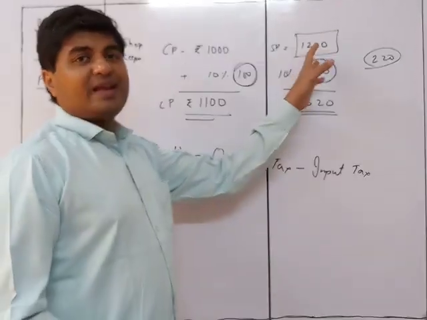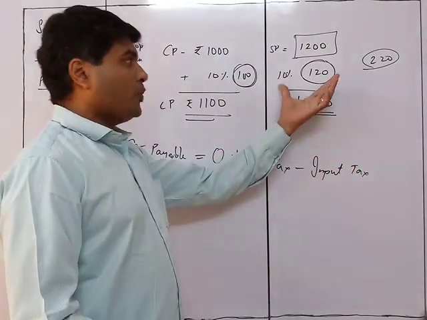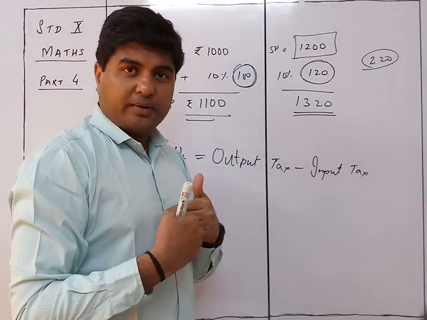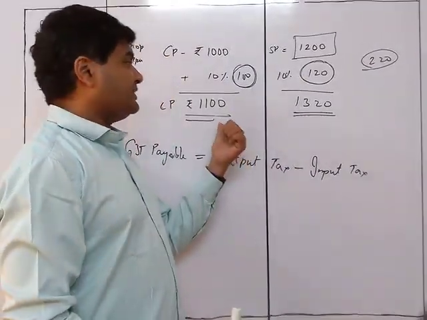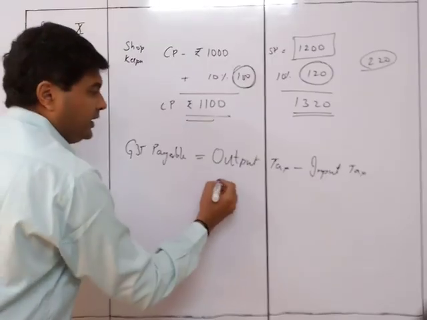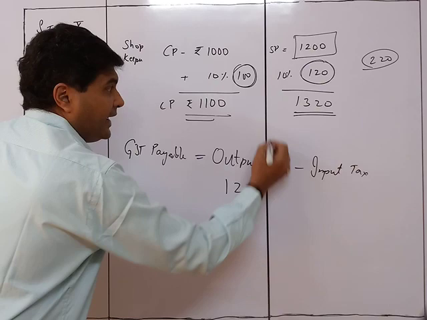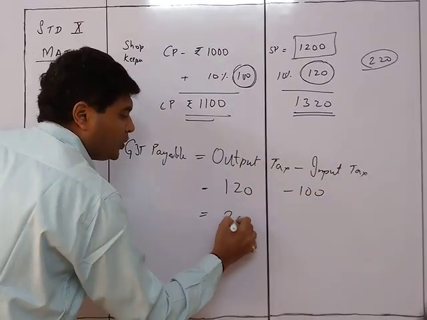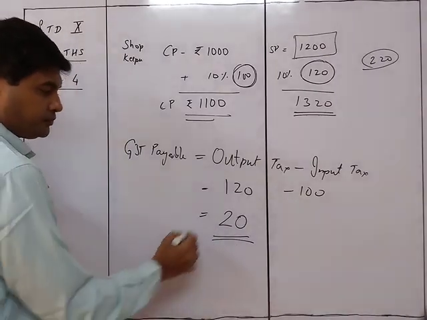Output tax is when I am selling the material. What is input tax? When he bought the material for himself, whatever tax he paid at that time is the input tax. So accordingly, the tax payable to the government will be, the output tax is 120, the input tax is 100 rupees, so automatically he pays only 20 rupees to the government.